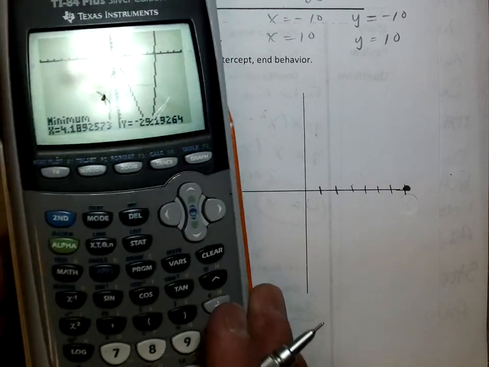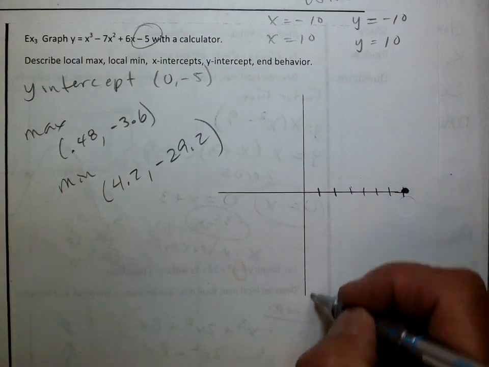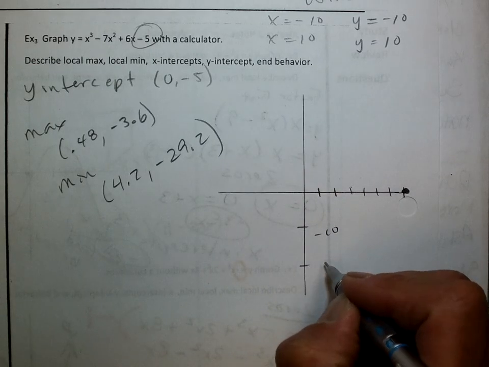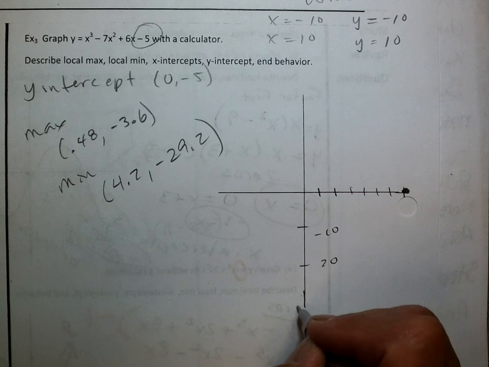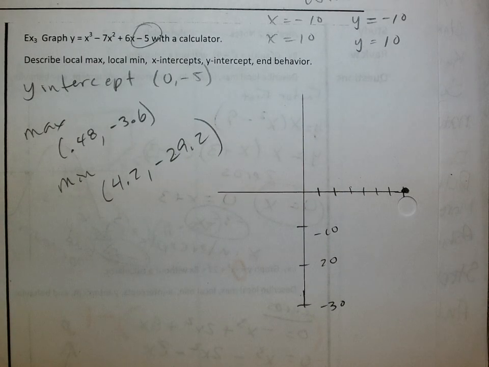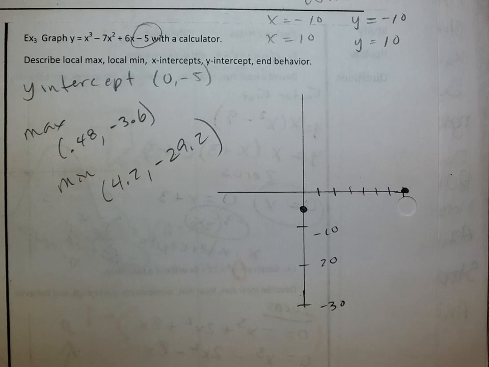So now I'm ready to graph it. I got a pretty good picture on my calculator, so I kind of know what it looks like. I know at least to get down to maybe negative 10, negative 20, negative 30, and I can plot my points. Right here's my y-intercept at negative 5.